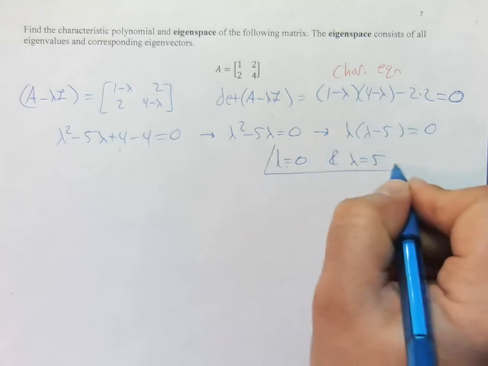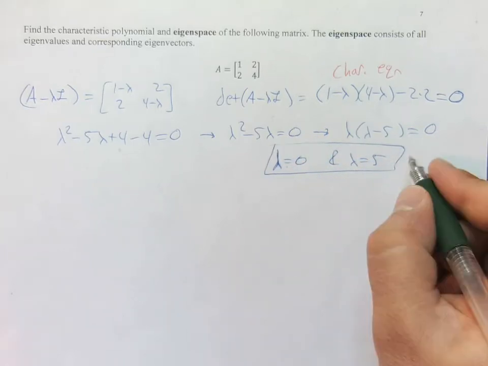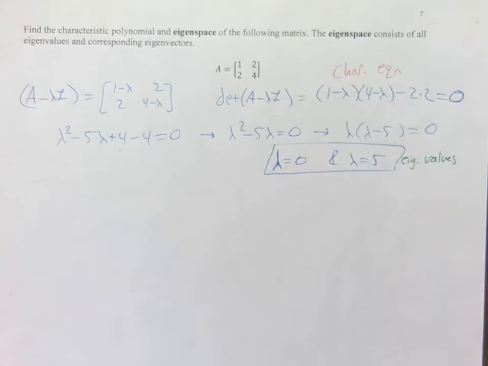And so these are our eigenvalues. Again, that's a 2x2, and so we got 2 of them, right? You usually get n for n by n's, or no more than n, technically.